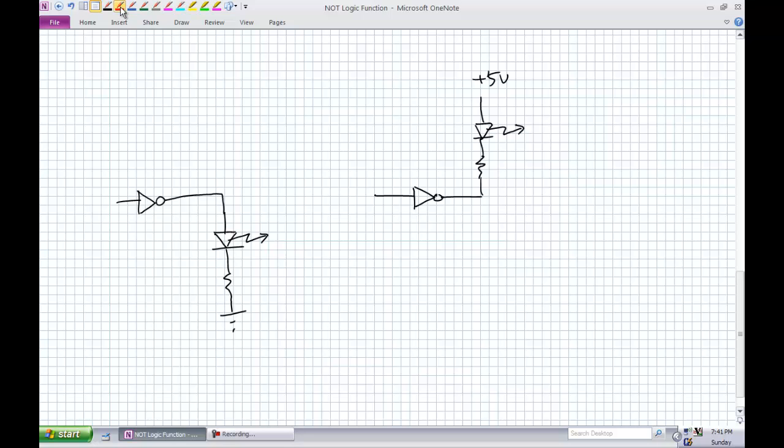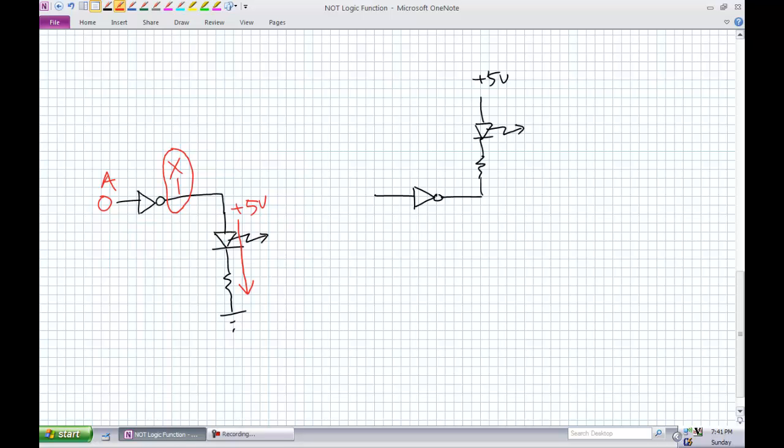Look at the one on the left. When input A is 0, what is output X? It's a 1. There is plus 5 volts on this side. What's this right here? That's ground. What is the resistor for? It's just a current limiting resistor, so the LED doesn't burn out. There is a voltage drop across the LED. Current flows. The gate is sourcing.